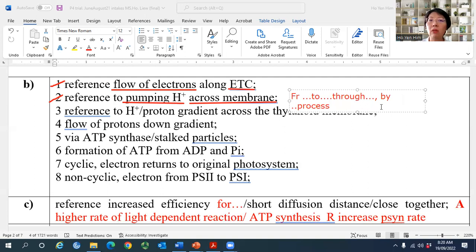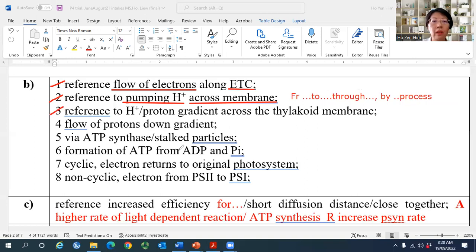So here you can say that proton is being pumped from the stroma to the thylakoid space through the thylakoid membrane by active transport. So that is called the full description in biology.